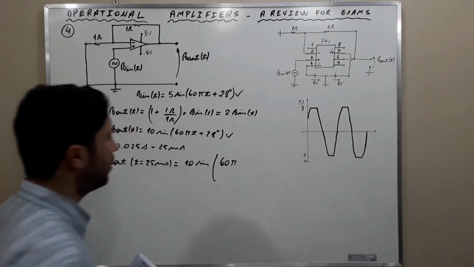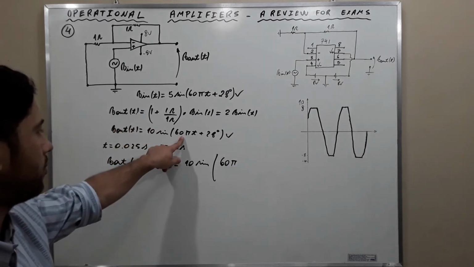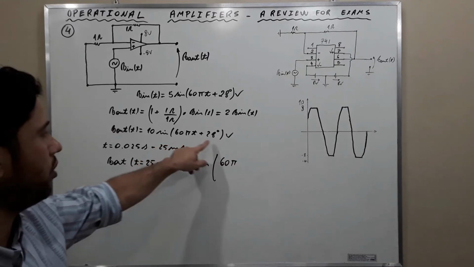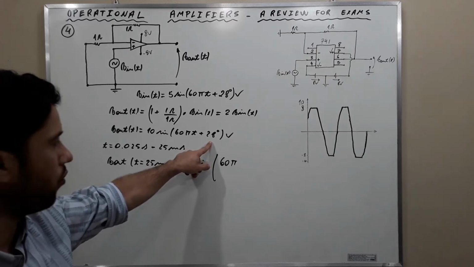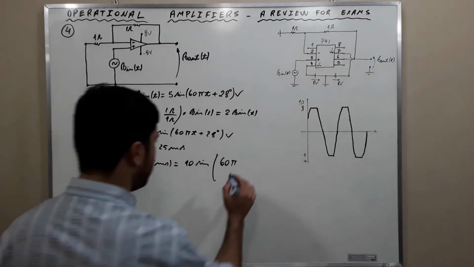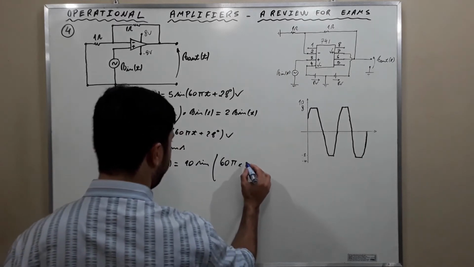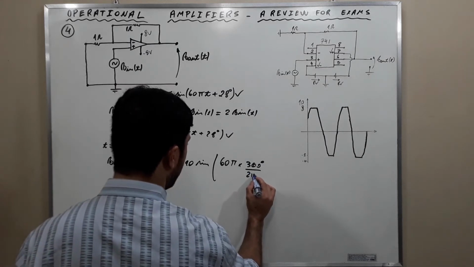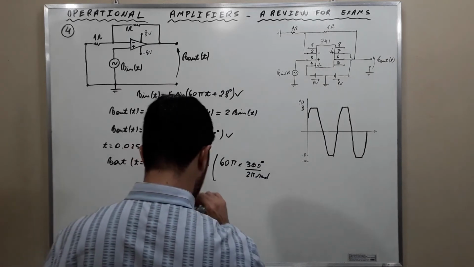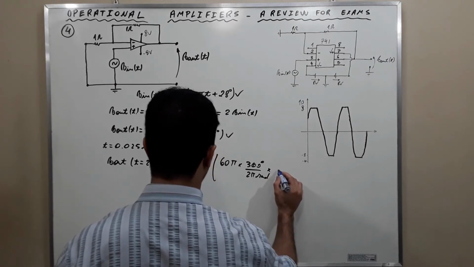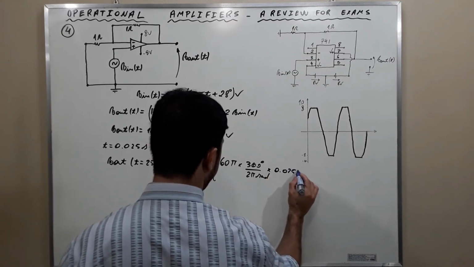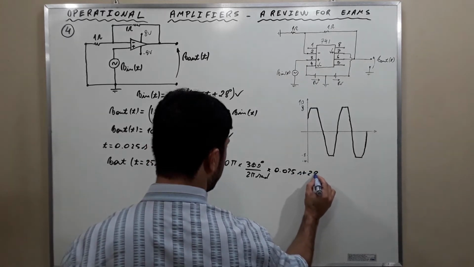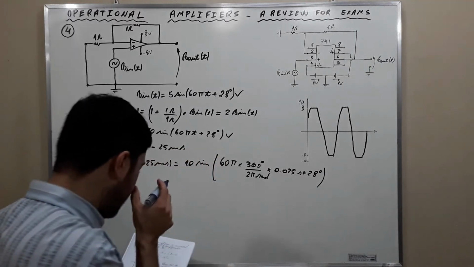60 pi, but we have to convert from radians to degrees because the phase was given in degrees. Then we are going to convert using this conversion factor here, 360 degrees for 2 pi radians times 0.025 seconds plus 28 degrees, okay?